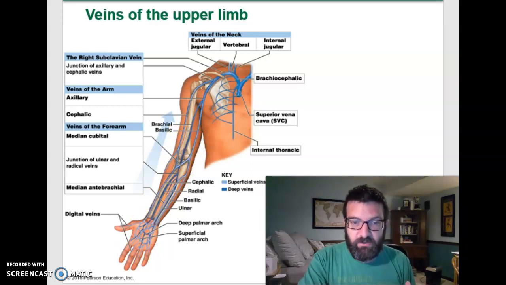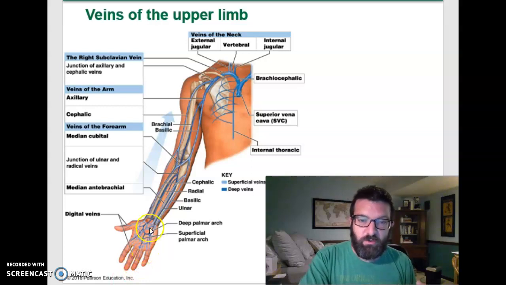In terms of deep veins, just like the arteries, you have an ulnar vein and a radial vein that come back, and you will have a brachial vein that they kind of join to become, that dumps into an axillary vein, a subclavian vein, and that will dump along with your internal and external jugular veins into a brachiocephalic vein, superior vena cava. So those deep veins look a lot like your arteries.